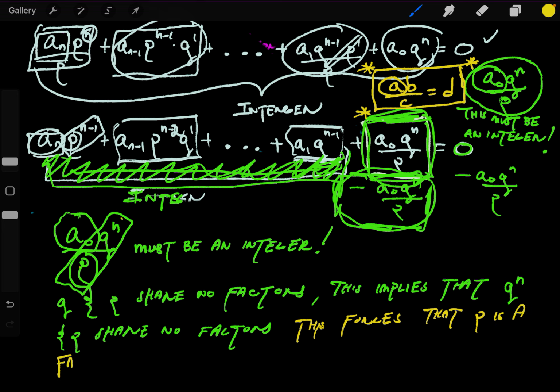And we have the one result. And that's one way. Now, the other thing we want to show is that Q is a factor of A sub n.